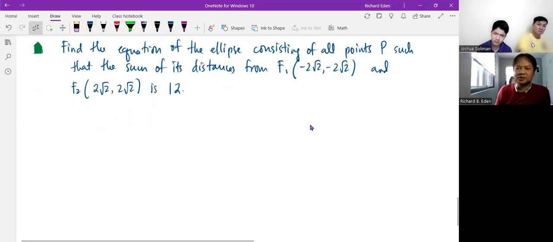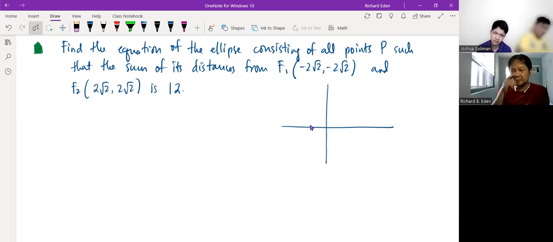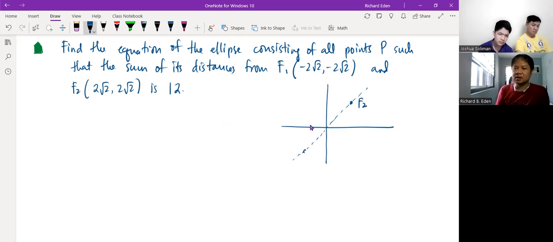All right, so visually, here's what's going on. For both the two foci, the y and x coordinates happen to be the same. So that means the foci are here on the line with equation y equals x. So this is F2. And then here is F1.